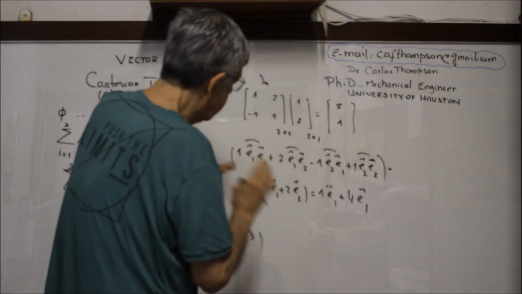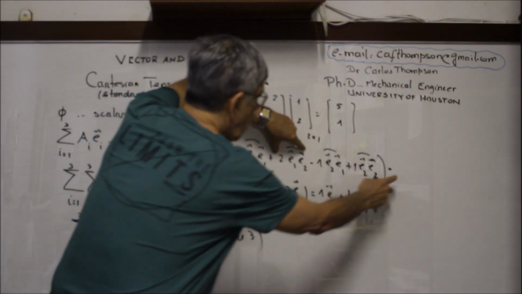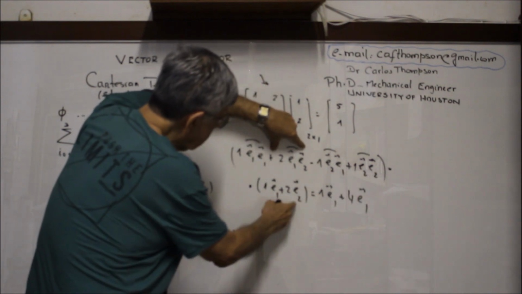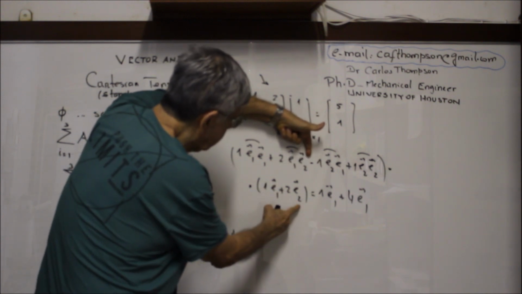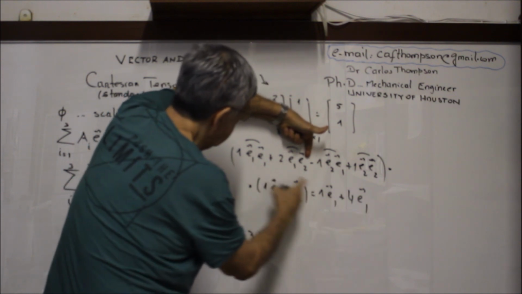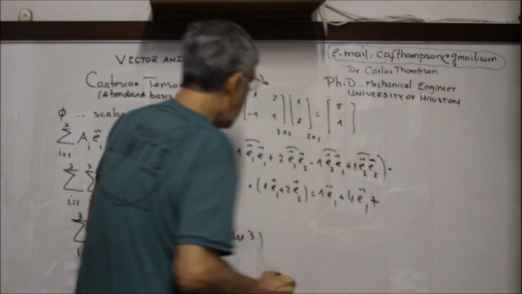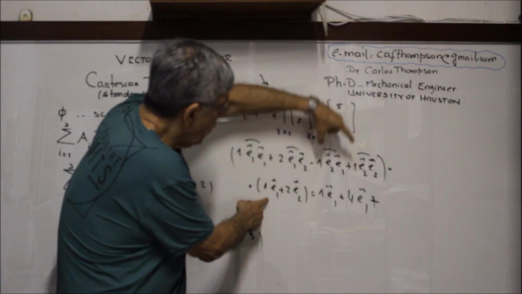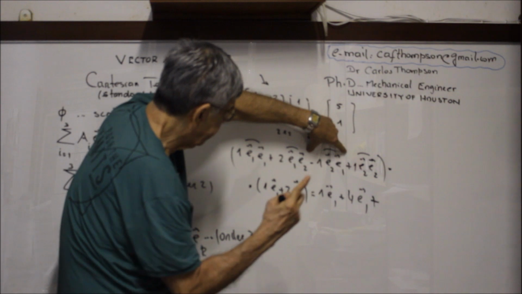E1. I'll repeat. It's quite easy. You have to pay attention. Look, this term here, dot this term, E2 dot E1 will be 0. Now, E2 dot E2 will be 1. So what is left is E1, which is here. So, 2 times 2 is 4. Plus, now, this term here dot this term: E1 dot E1 will be 1.